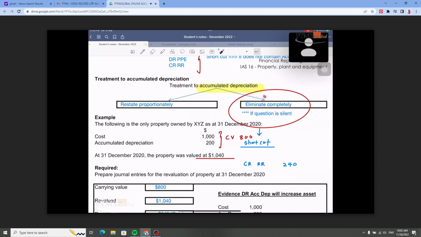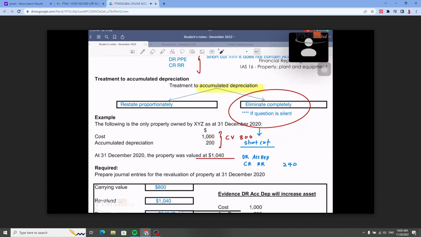So if I want to remove my accumulated depreciation, definitely I will need to debit my accumulated depreciation. Correct? The method name is remove it completely, right? So to remove means I need to reduce, also means I need to debit. So I just see how much is my accumulated depreciation. My accumulated depreciation is 200, correct?